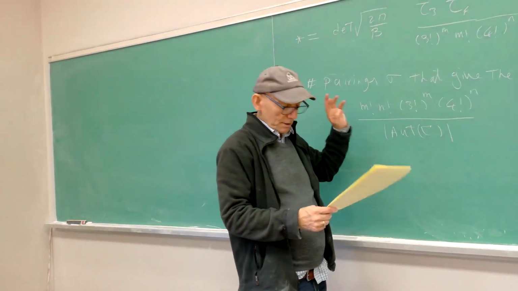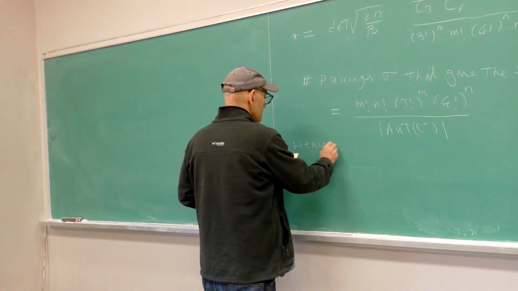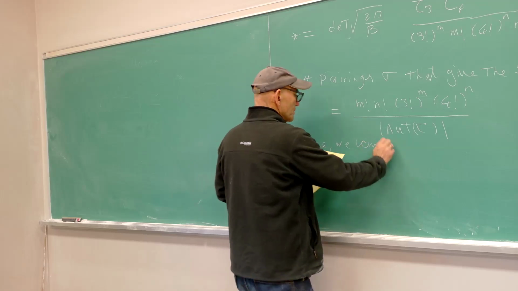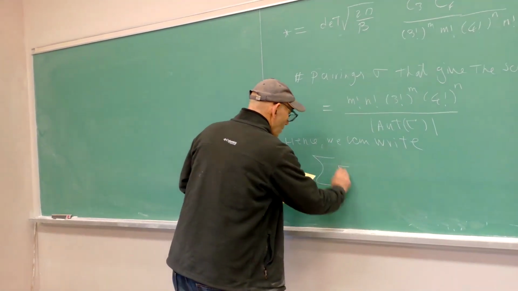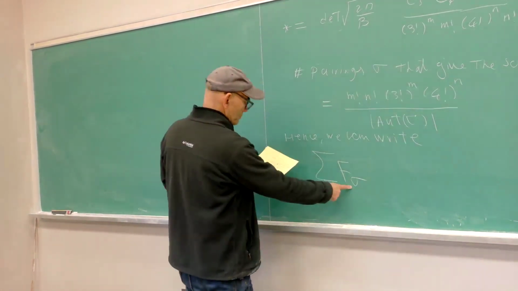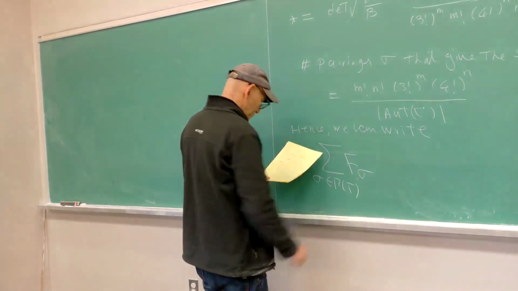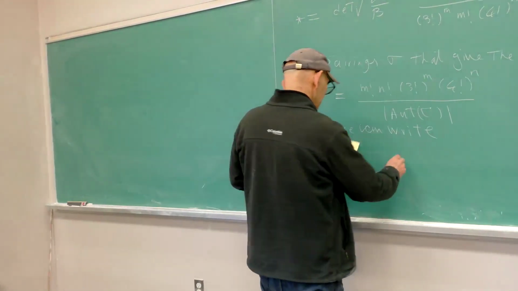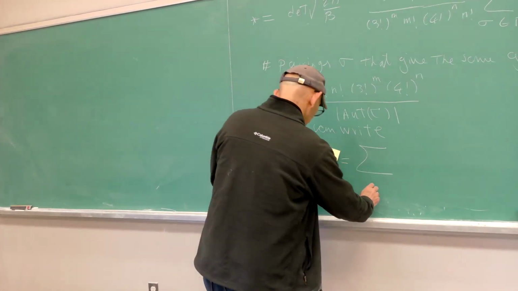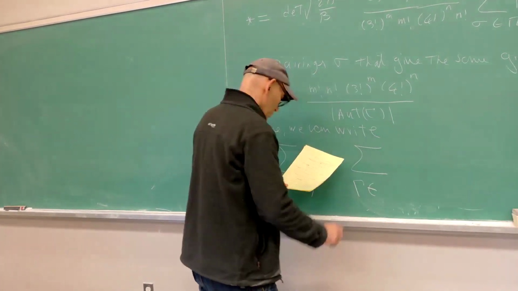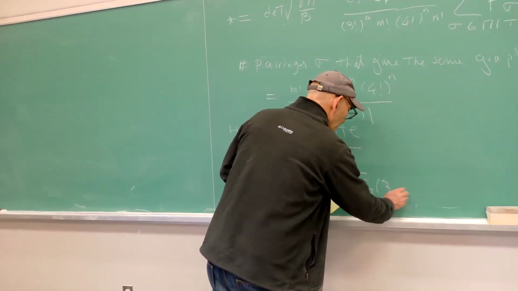So now we can use the formula that we derived. We can write the summation of all the final weights of these pairings sigma belonging to pairings of half edges as the summation over gamma belonging to graphs of type 3, 4, times 3 factorial to the power m, n factorial, 4 factorial to the power n factorial, over the automorphisms of gamma, times f gamma.